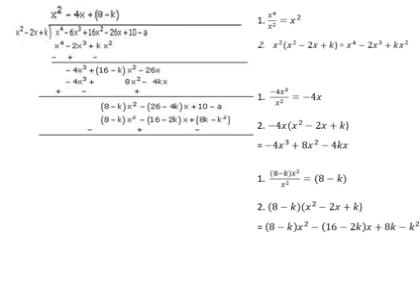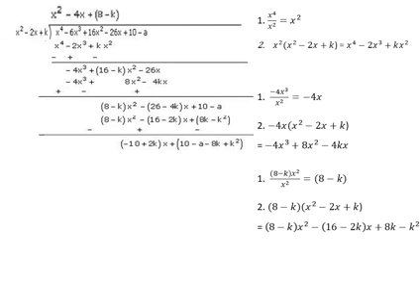Then minus 26 plus 16, what will you get? Minus 10. Understood? Then at the top, plus 4k, here minus 2k. If I subtract, you will get plus 2k. So minus 10 plus 2k of x.